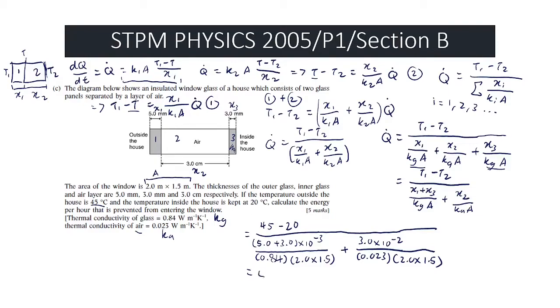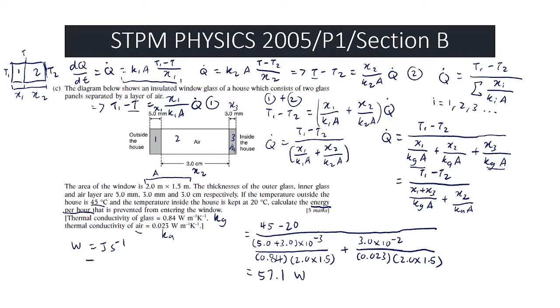So I get 57.1 watt. Here the question requires us to give the energy per hour, and as we know a watt is a joule per second, right?